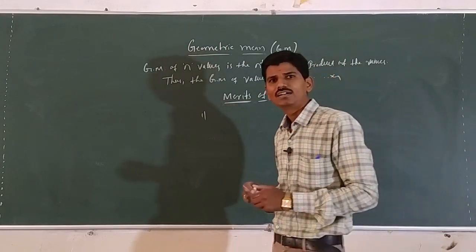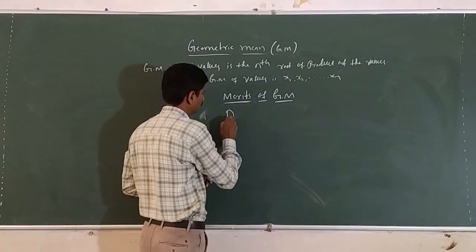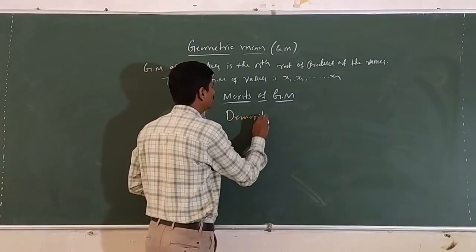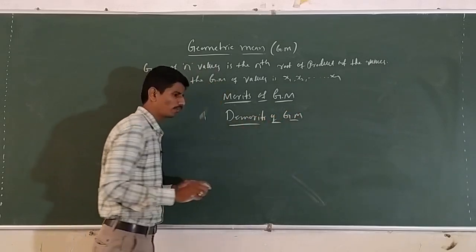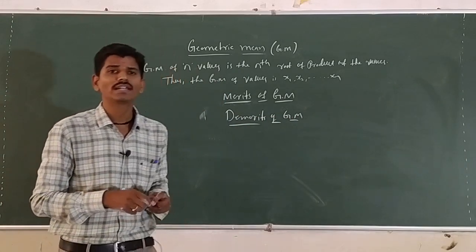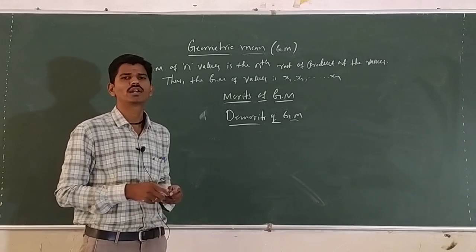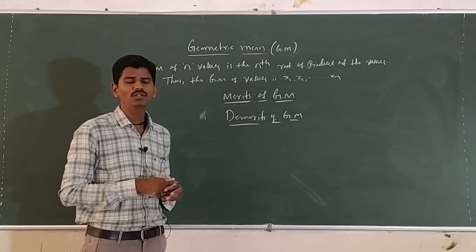Next, the demerits of geometric mean. The first drawback is that it is not easy to calculate and simple to understand. In arithmetic mean, median and mode, it is a merit: they are easy to calculate and simple to understand.